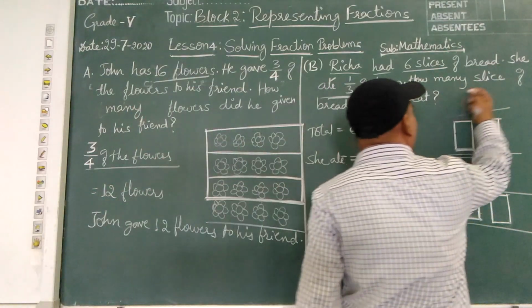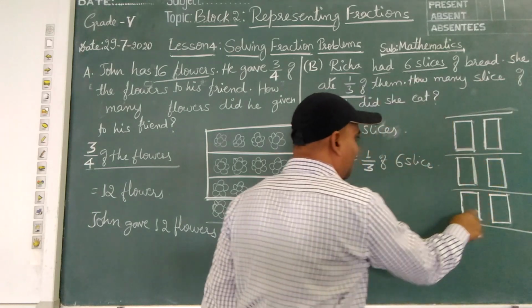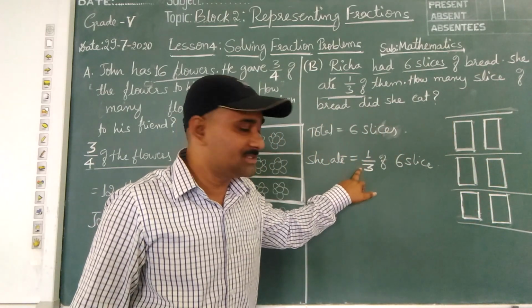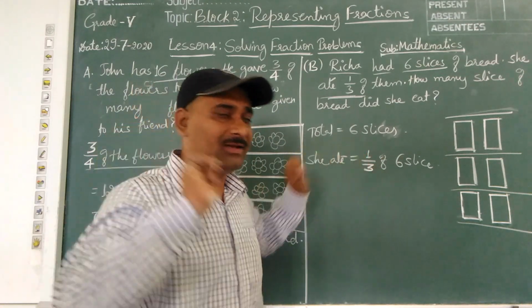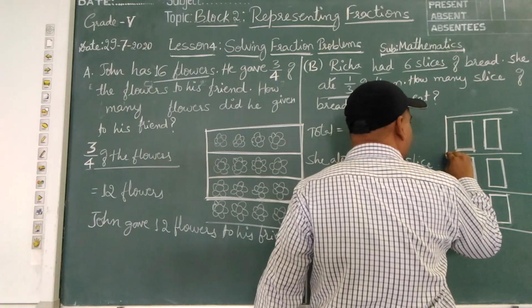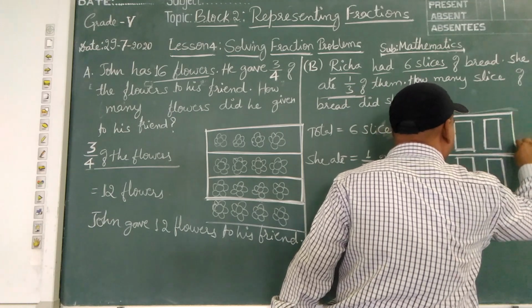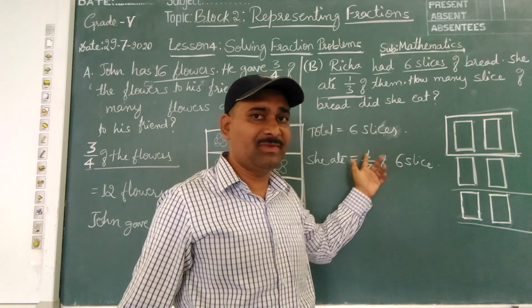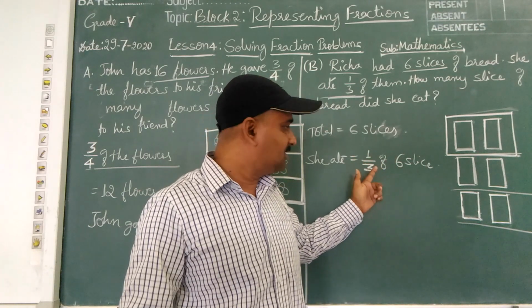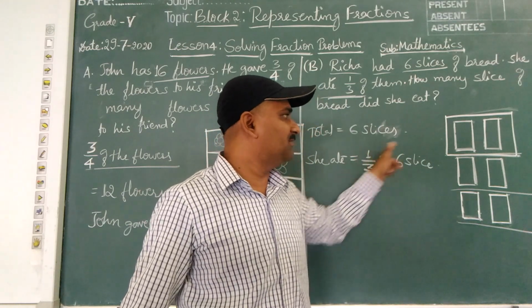Okay. We divided into 3 equal parts. Out of 3 parts, how many should we select? 1 part. So select 1 part, because she ate 1 by 3 of the slices. 3 parts. Select 1 part.